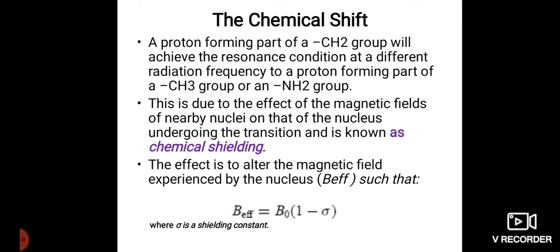We call this effect shielding. This is known as chemical shielding. The chemical shielding effect alters the magnetic field experienced by the nucleus. Why? Because nitrogen has its own magnetism, carbon has its own magnetism, and adjacent hydrogen also has its own magnetism.